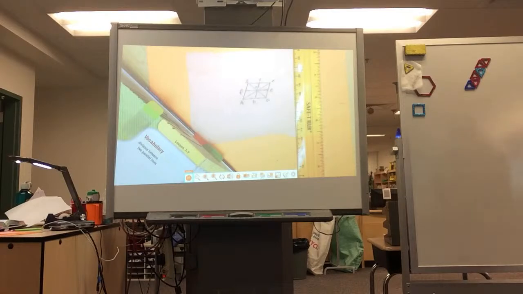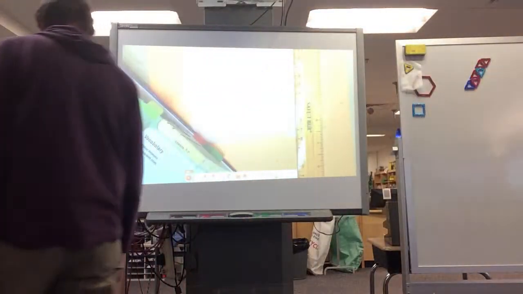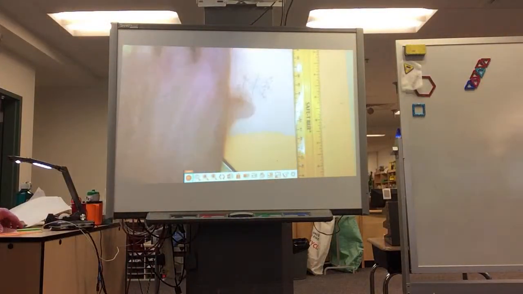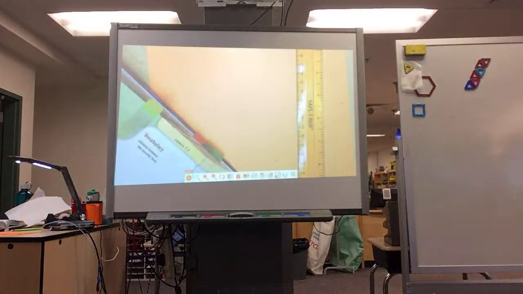So what's the general shape of what you just traced? Parallelogram. Is that as specific as you can be? It's not a rectangle, is it? Or a square? Is it a rhombus? No? So if you pick it up and do folding with it, where is there a line of symmetry?